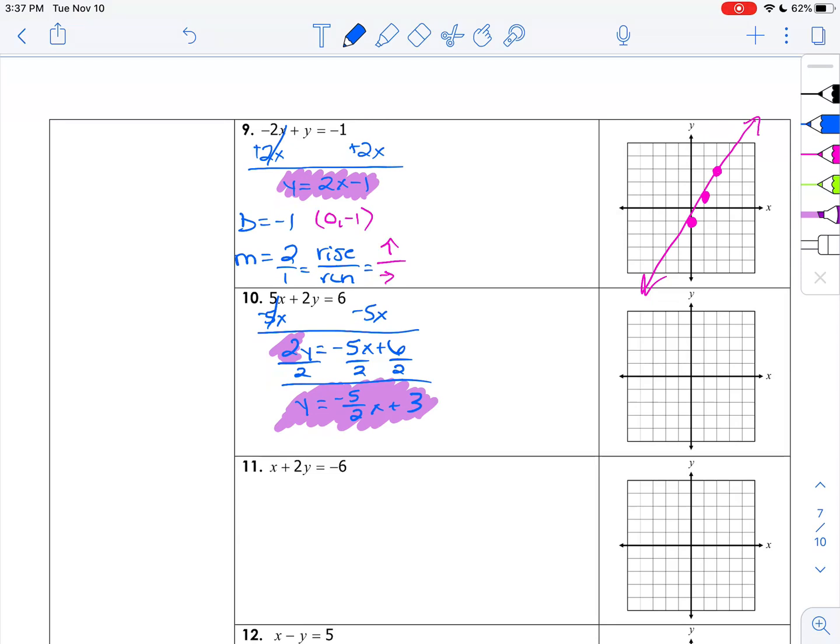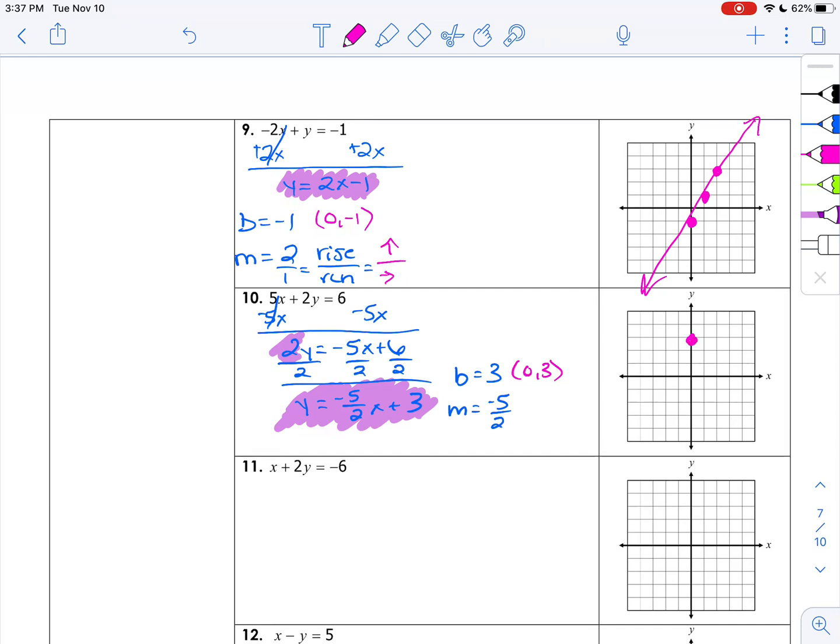So I can take my y-intercept of 3 and my slope of negative 5 over 2 and graph it. Because my y-intercept is 3, my point would be (0, 3). So on my y-axis, I'll go up to 3.